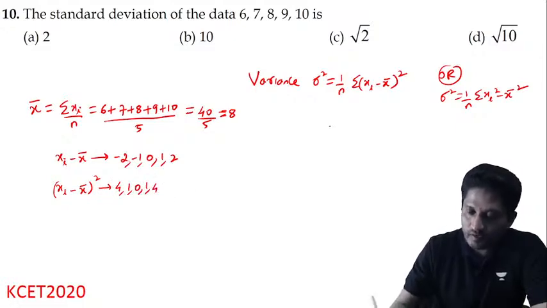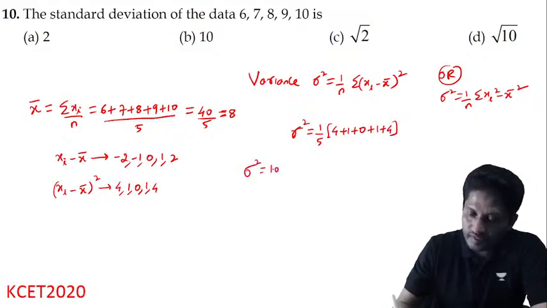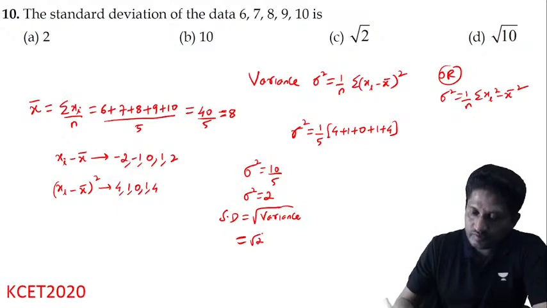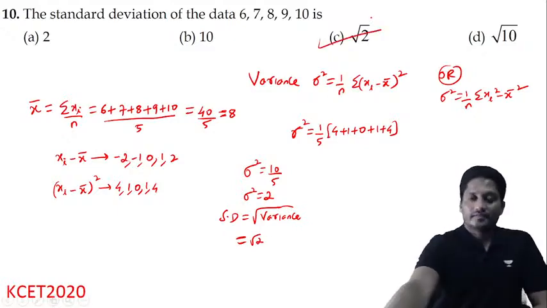If you add all this, variance is equal to 1 by 5 times (4 plus 1 plus 0 plus 1 plus 4). So variance is 10 by 5, which is 2. Standard deviation is equal to the root of variance, which is root 2. Answer is option C.